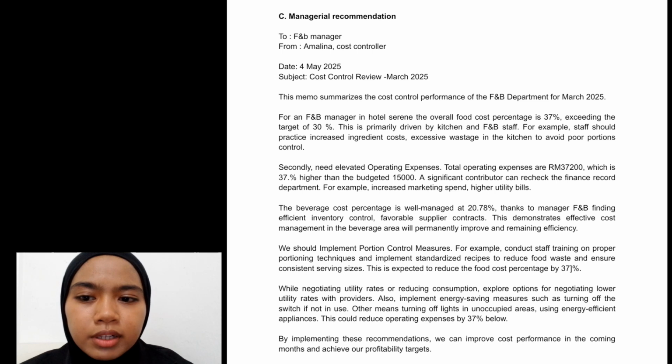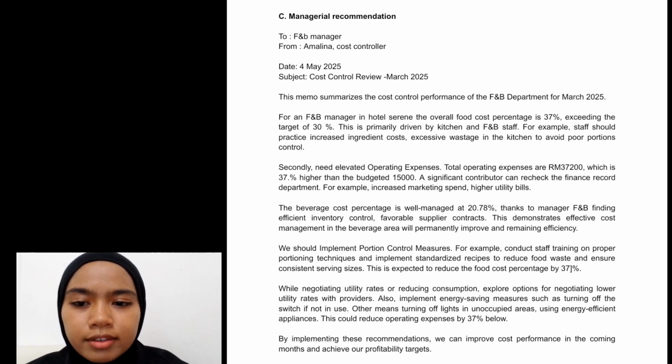This is primarily driven by kitchen and F&B staff. For example, increased ingredient costs and excessive waste in the kitchen due to poor portion control.